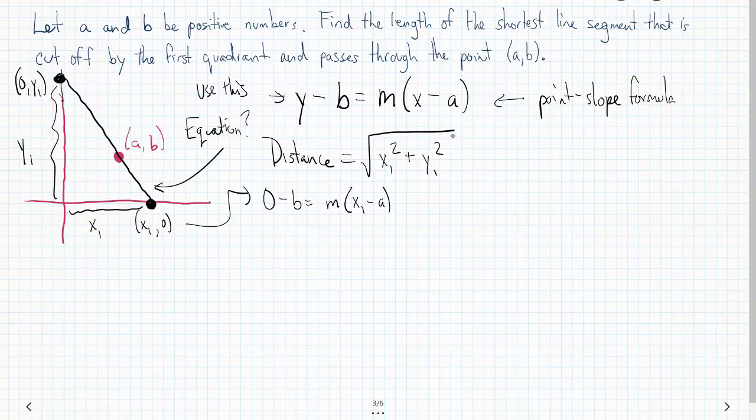Let's solve for x1 and put it in terms of m. So we have negative b over m equals x1 minus a, and so x1 equals a minus b over m.